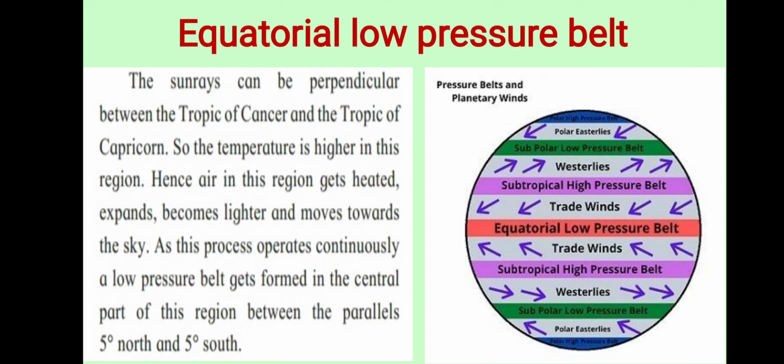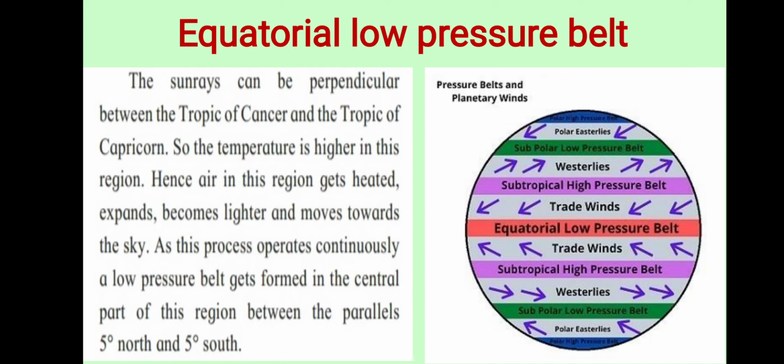Okay. Why does this belt occur in this particular place? A reason is also necessary. Now we will learn this. The sun rays are perpendicular between the Tropic of Cancer and the Tropic of Capricorn. So the temperature is very high in this region.